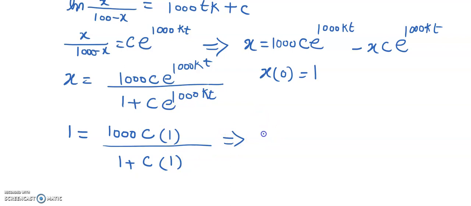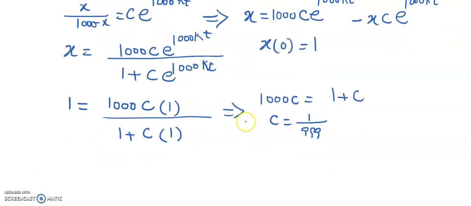So simplify it, and it will be 1000 C is equal to 1 plus C, so C will be equal to 1 over 999.